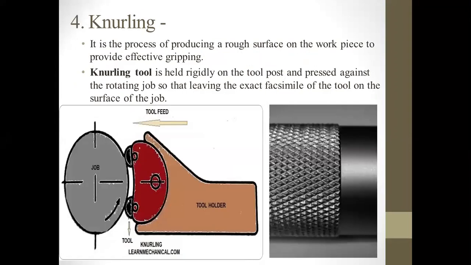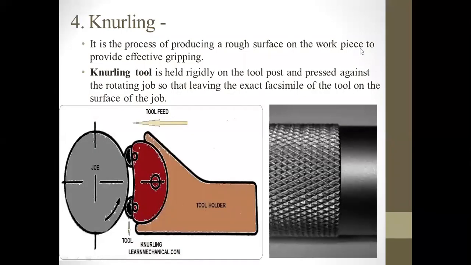Now see, the next operation is the knurling operation. In this knurling operation, a rough surface will be generated on the surface of the job, for effective gripping purposes.